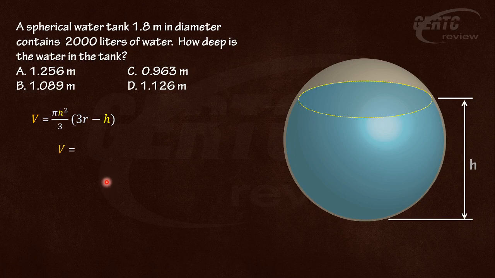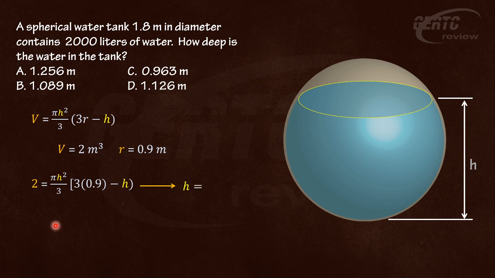The volume is 2 cubic meters, and the radius is 1/2 of 1.8, that is 0.9 meters. Substitute to the formula: volume is 2, r is 0.9, then you can solve the value of h. Your h is 1.089 and the answer is letter B.